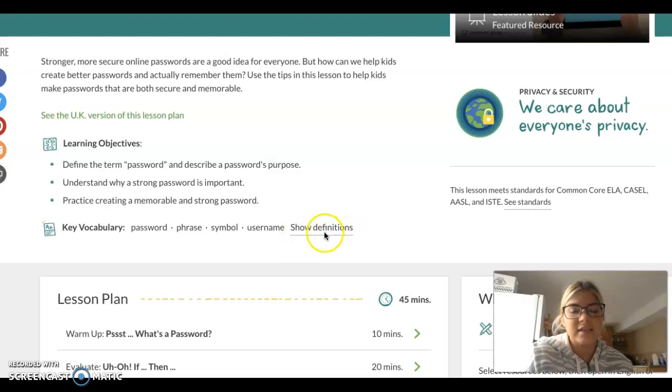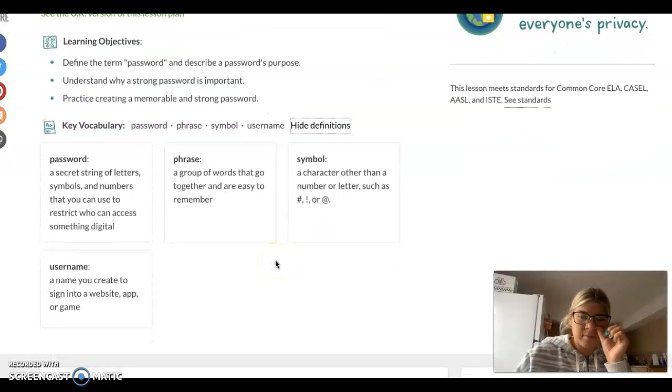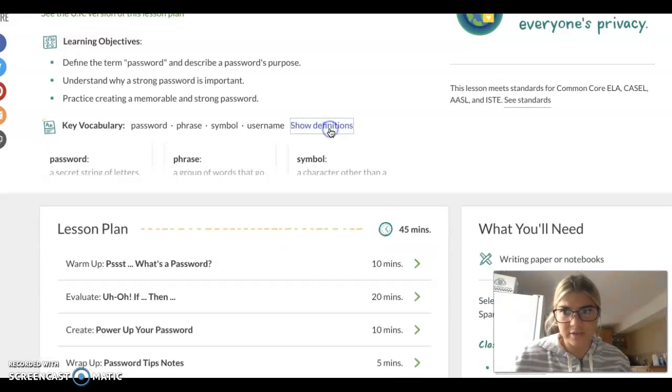After that, we could go through everything, and it shows the definitions on here. Some of the key vocabulary words are password, phrase, symbol, and username, which I can ask them if they know. If they don't, then we can just go over it.